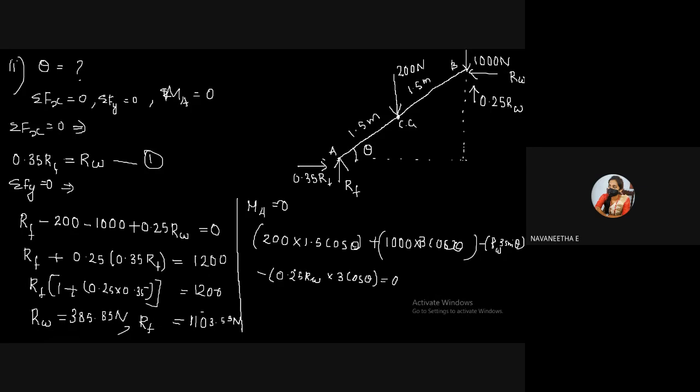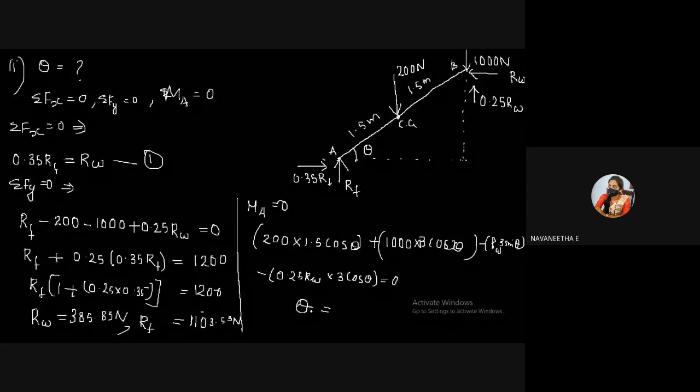So you can put this value in this equation, and you will get the value for theta. While applying the value for RW, the unknown is only theta. So solve this equation and find out the value for theta. Tell me what is the value for theta.